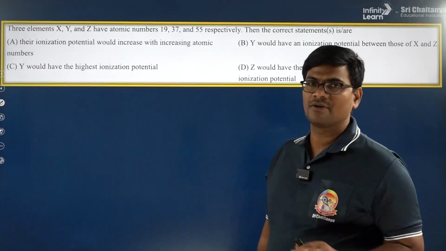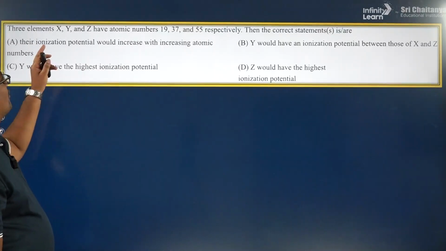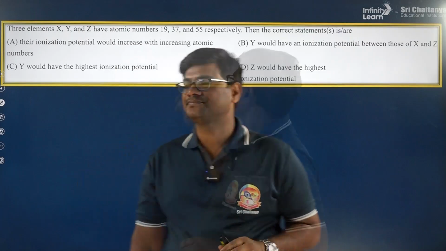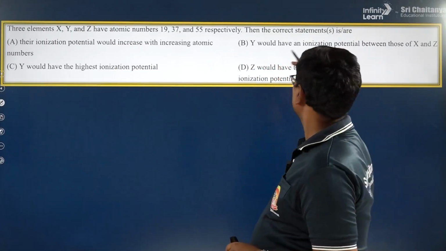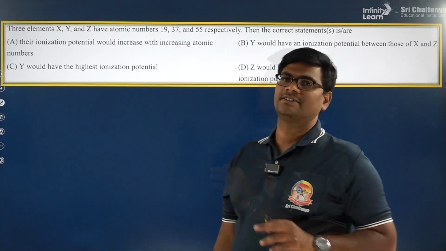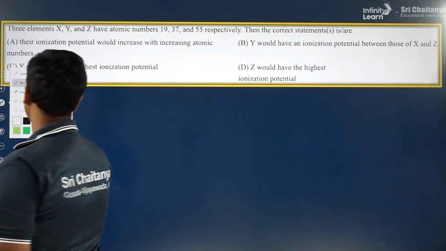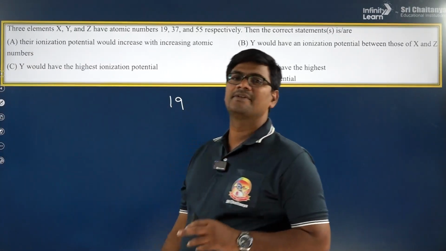Let's see what is mentioned. 3 elements X, Y and Z have atomic numbers 19, 37 and 55 respectively. Then the correct statement is or are. It's like multi-correct. X, Y, Z have atomic numbers, so what are those atomic numbers? If it is 19, can you guess the element?